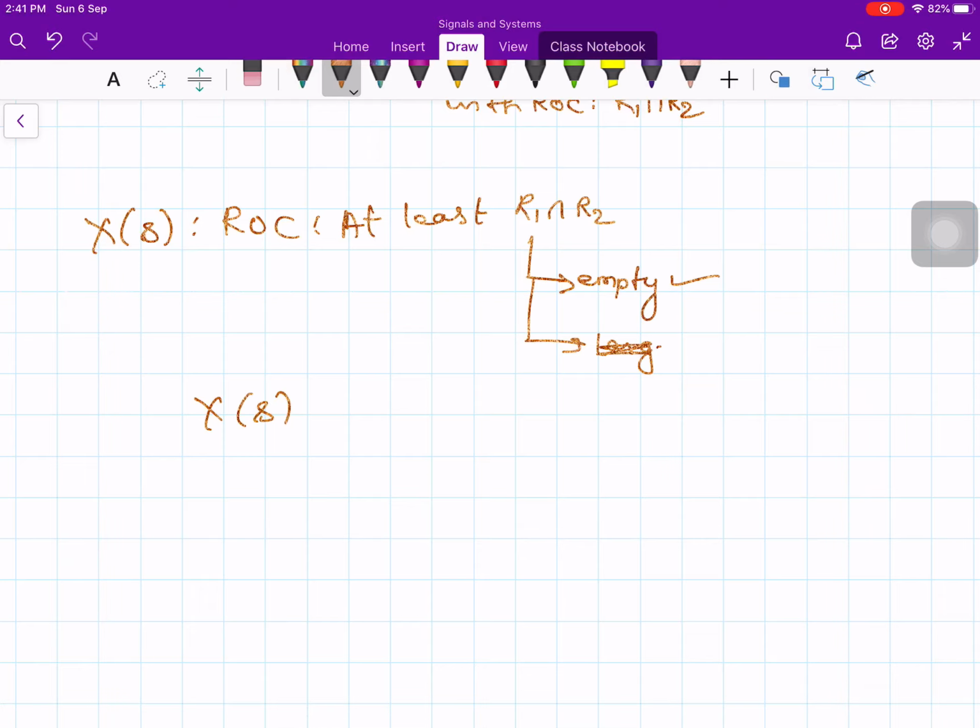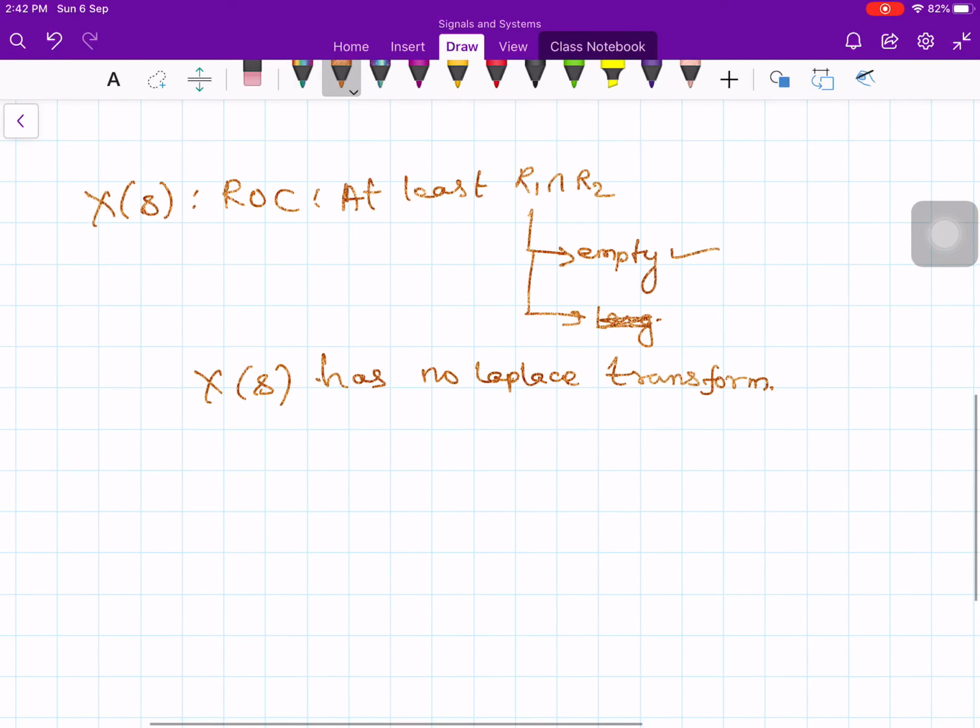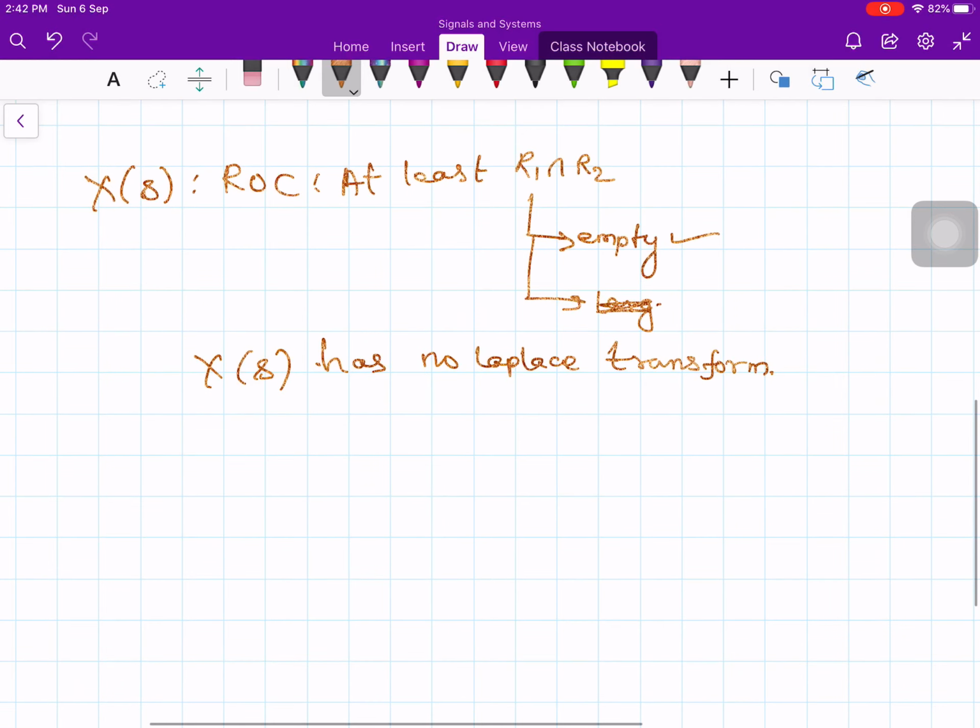So if the intersection is empty, that means there is no region of convergence. Whenever you have no region of convergence, your x of t has no Laplace transform.